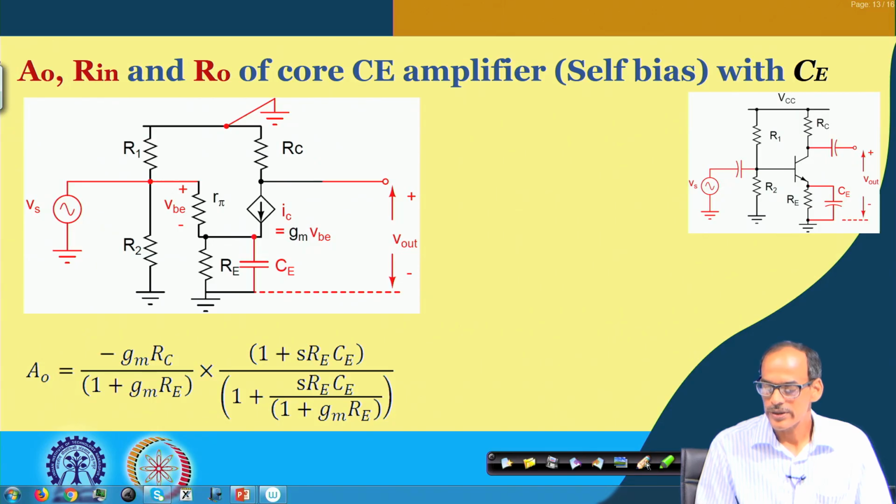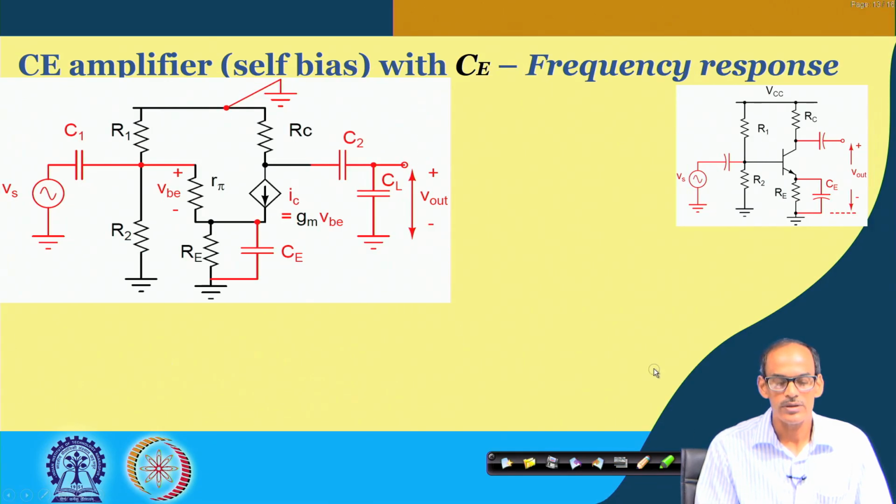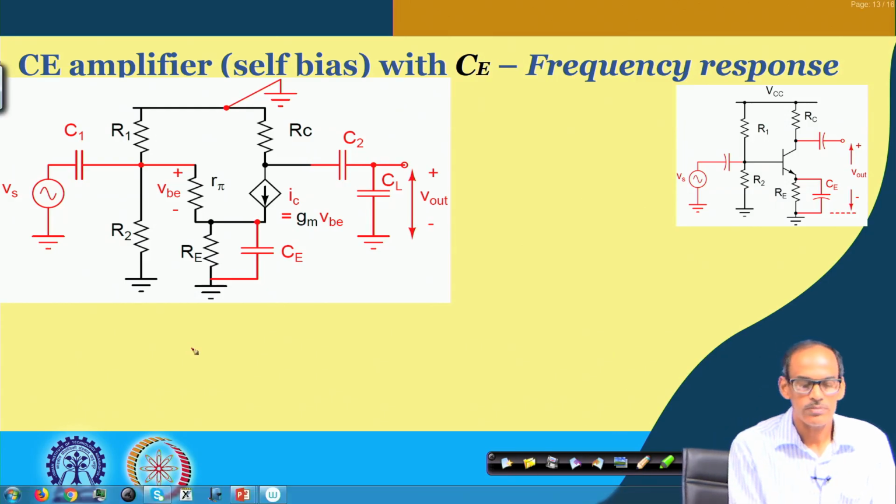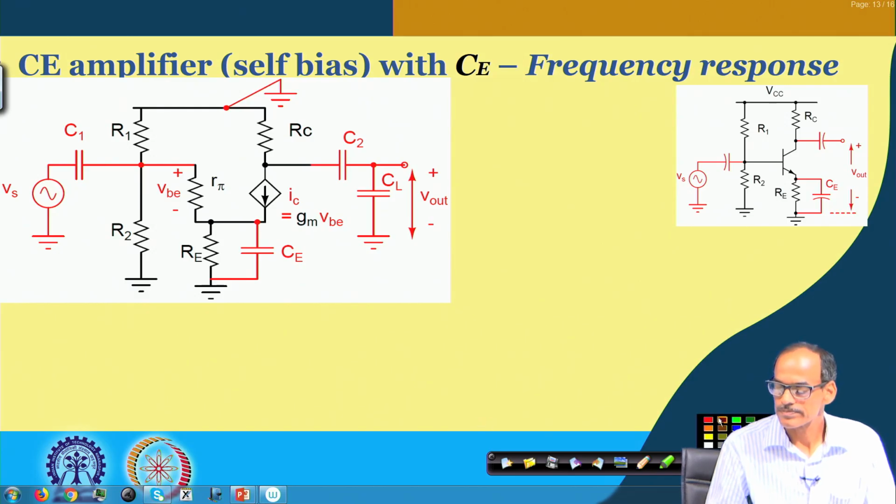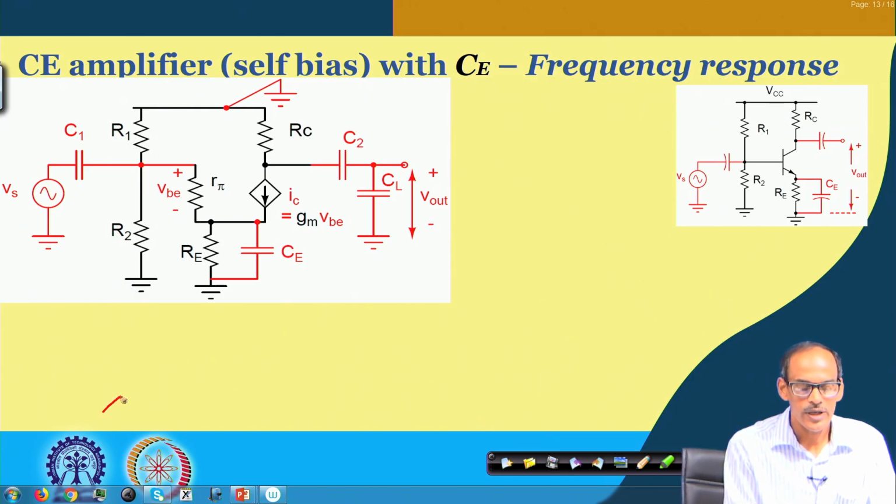In fact, I had a different slide to explain, but we already have discussed this part. Again, just to summarize, the frequency response of this entire circuit has a pole here coming from C1 and Rin, and then it has a zero here, which is coming from Re and Ce.